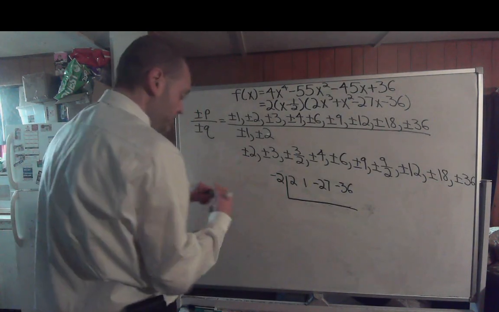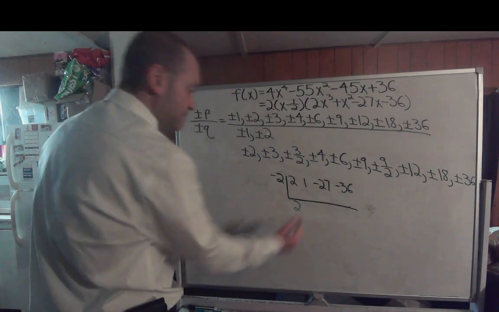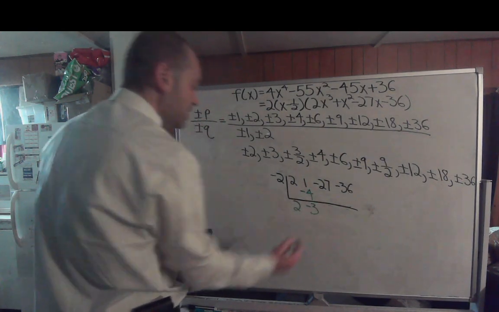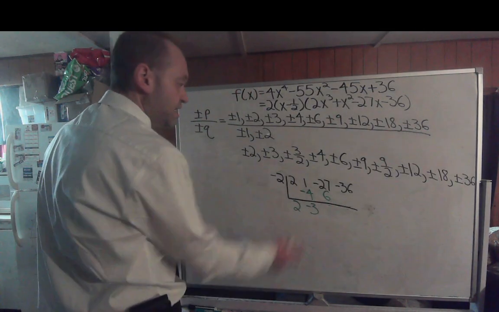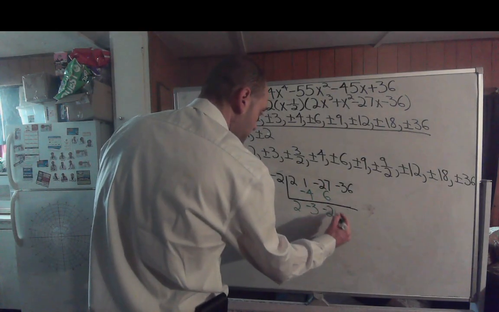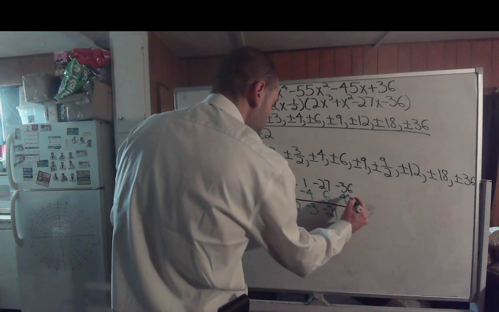Let's try negative 2 as a possible rational zero. So bring down your 2. Negative 2 times 2 is negative 4. 1 minus 4 is negative 3. Negative 2 times negative 3 is positive 6. Negative 27 plus 6 is negative 21. Negative 2 times negative 21 is positive 42.